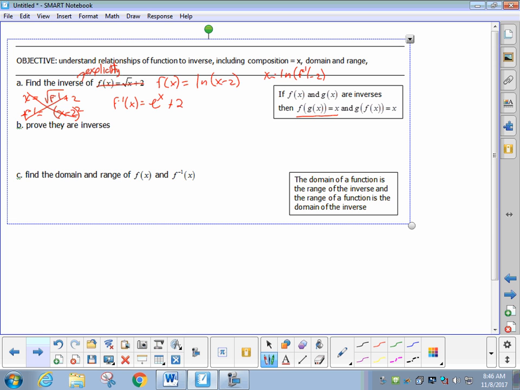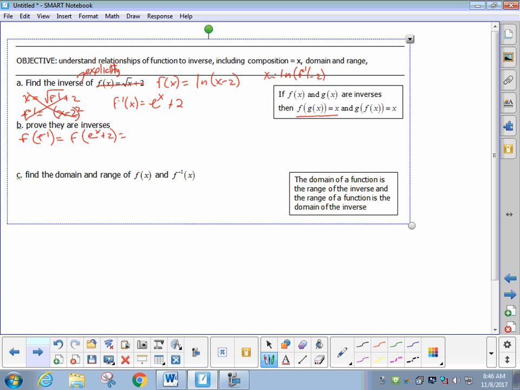So if you were to prove they are inverses, then you actually have to do two things. I have to show that if I put f inverse into f, that I get x. Now, that means that in f, I'm putting that guy, yeah? Are you with me? Okay.